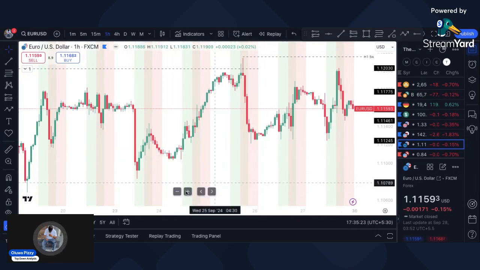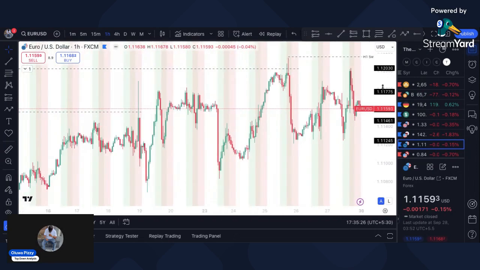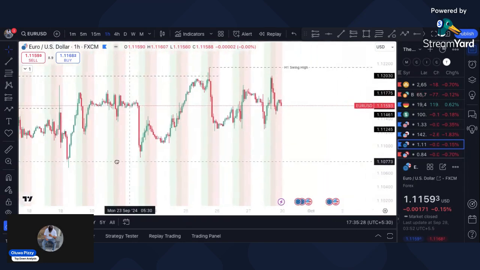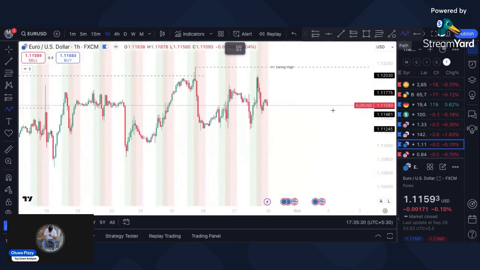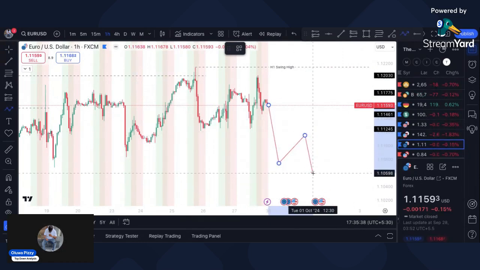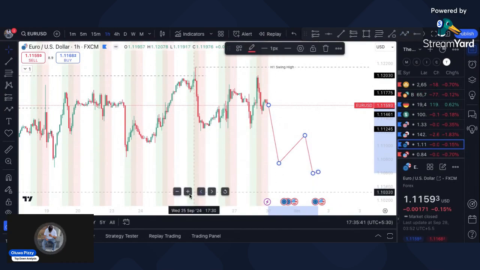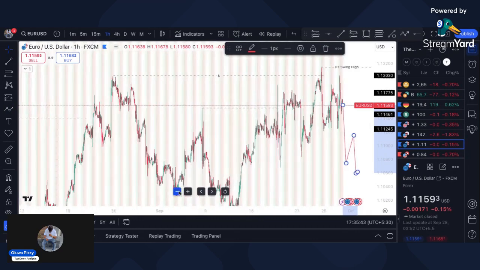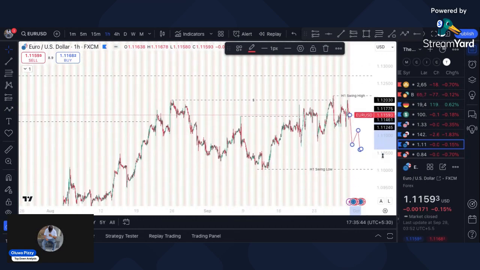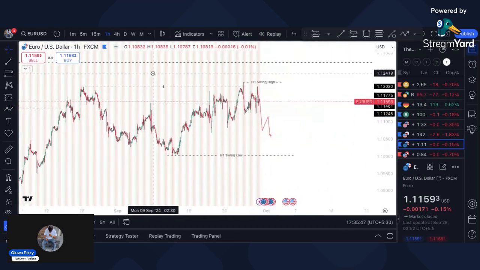In this 1 hour, if we definitely see something like this, if it refuses to break this high, but comes and starts breaking these lows like this, then that means we are going deeper in the retracement.